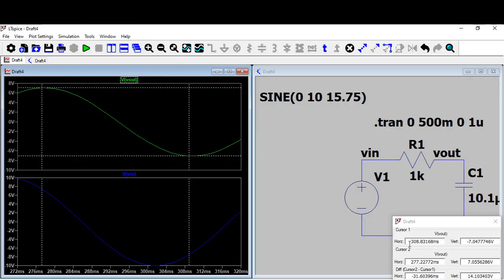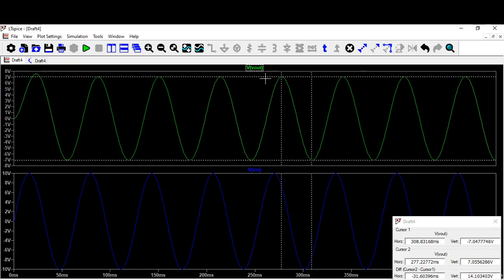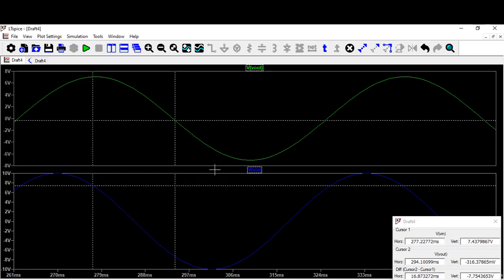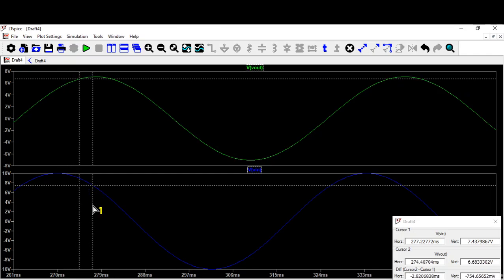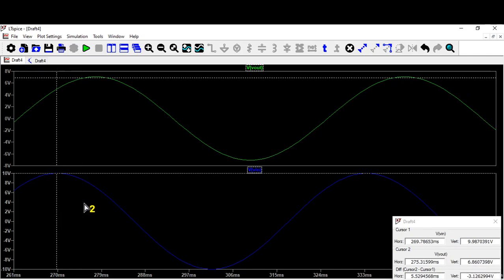Now let me take the difference between the peak of input and the peak of output. This is the peak of input. Cursor 1 is input, cursor 2 is output.